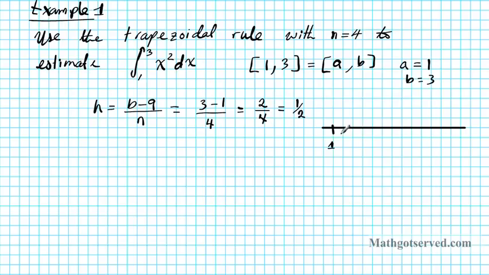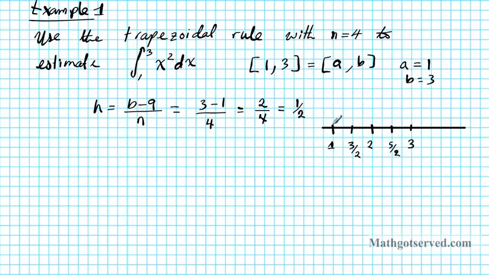Okay, we have two intervals, but we need n equals 4. So how do we make this 4 intervals? We have to split it down the center, right? So I'm going to split it down the center right here. This is going to be 1.5 or 3 over 2, and this is going to be 2.5 or 5 over 2.